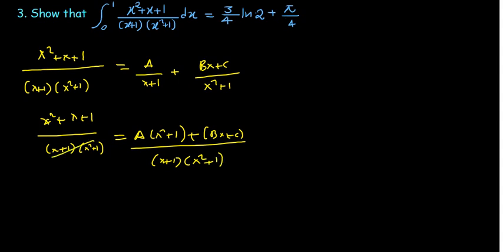So the denominators are the same, therefore the numerators are going to be the same. x squared plus x plus 1 is going to be equal to a(x squared plus 1) plus (bx plus c)(x plus 1). I've left out x plus 1 on this side because we're multiplying this and this.